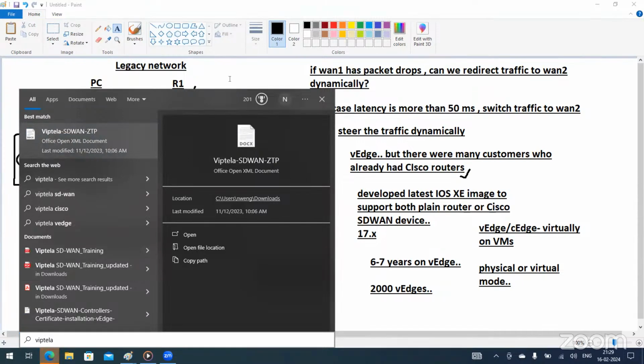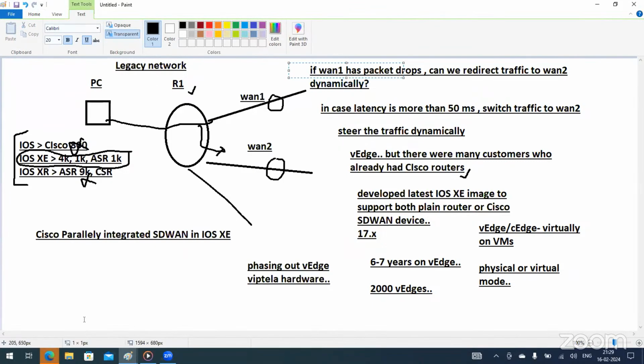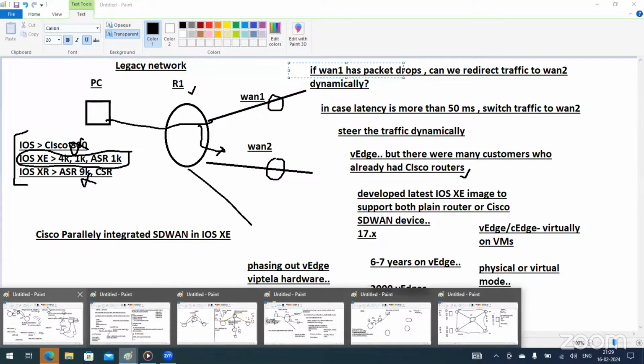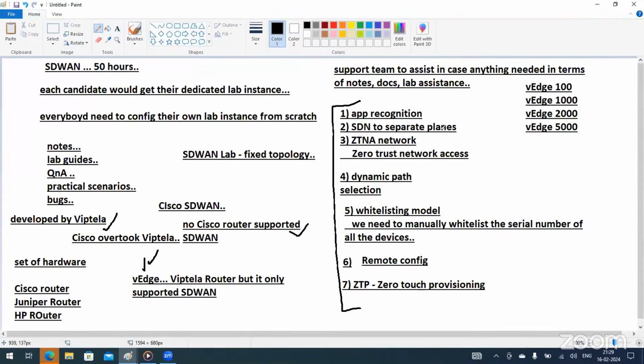Is there anything similar to Versa SD-WAN? I forgot to tell you the concept of SD-WAN is the same for all vendors, just like I explained these things. Application recognition may be there with other vendors, but as far as I know, it is not as scalable as what Cisco has. There are many vendors like Versa, Meraki, Fortinet.